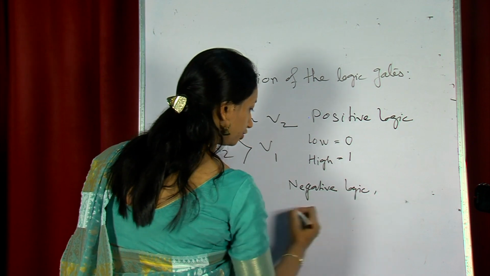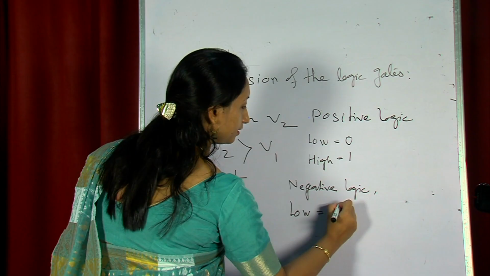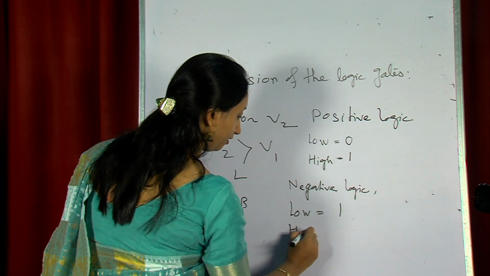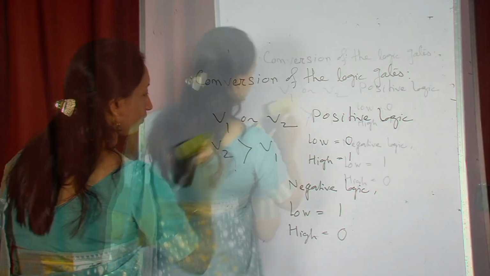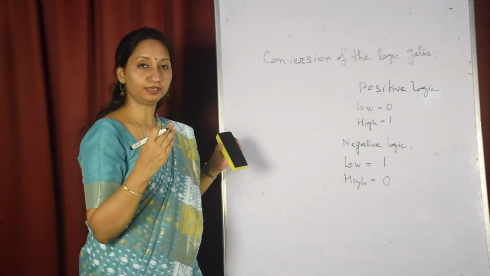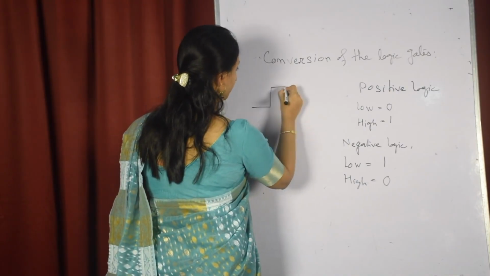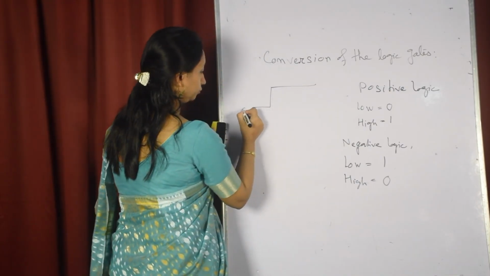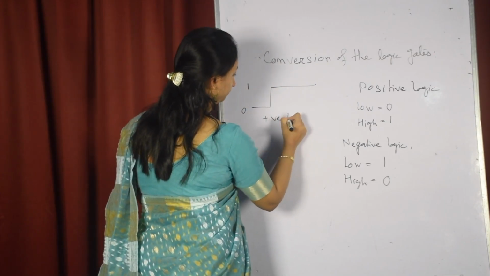In negative logic, the low is represented as 1 and high is represented as 0. Now we see in the voltage level, that is low then high, so it is 0 and 1. So it is a positive logic.